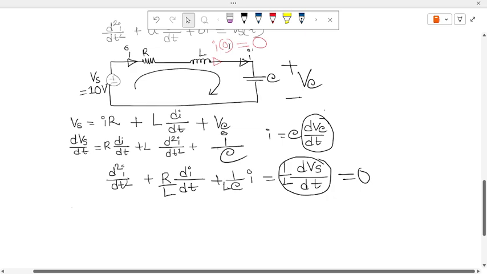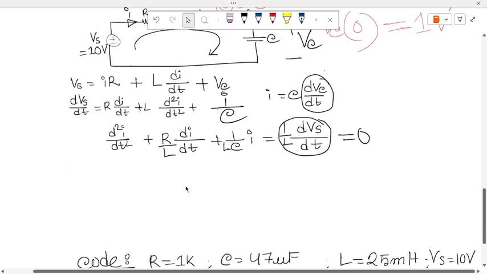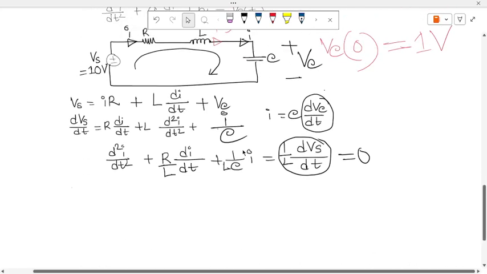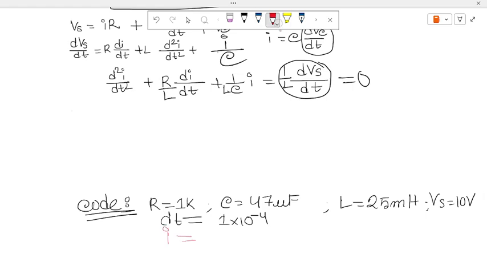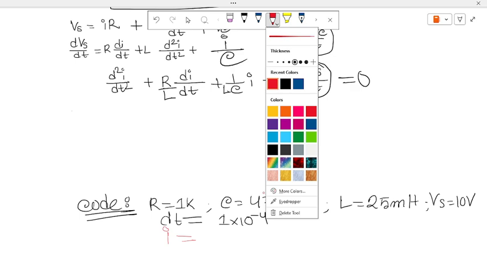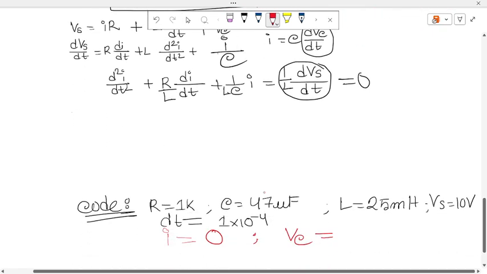That means when time is 0, the current is 0, and similarly the capacitor's voltage at time 0 is equal to, let's say, 1 volt. Okay, now I have to take initial conditions here. So the initial current I is 0 and the initial capacitor voltage is 1 volt, right?